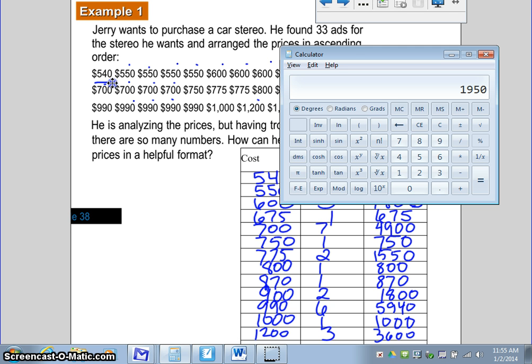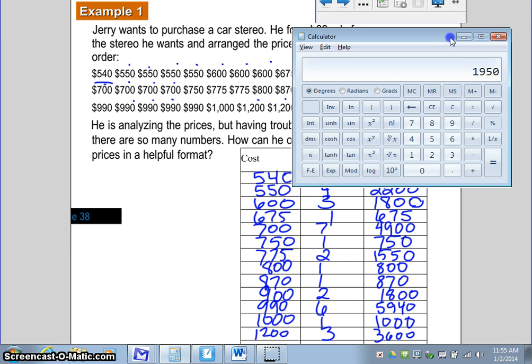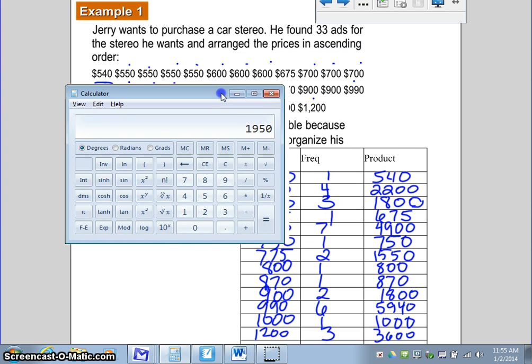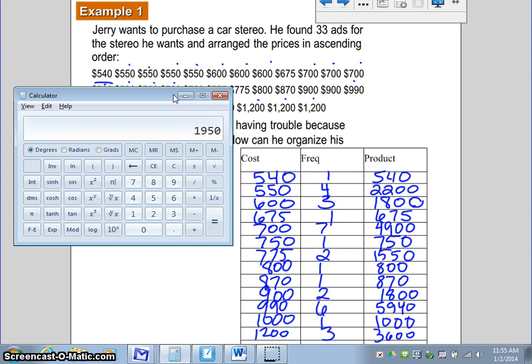I probably already had it out to solve some of these. And I'm going to add all of these values together. So the first thing I'm going to do is add the frequency column together. Actually, let's do the product first and then we'll come back. So looking at this, we have 540 plus 2,200.